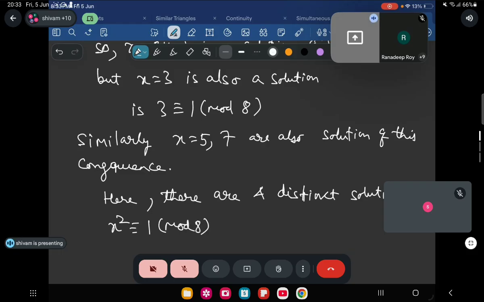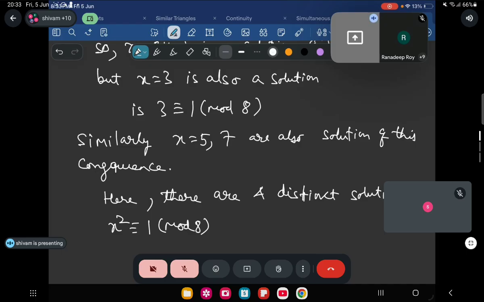Tell me, are people getting it, anyone having any doubt, you can ask me. And there cannot be more than 8 solutions modulo 8 of this congruence. Maximum we will get 8 only over here.